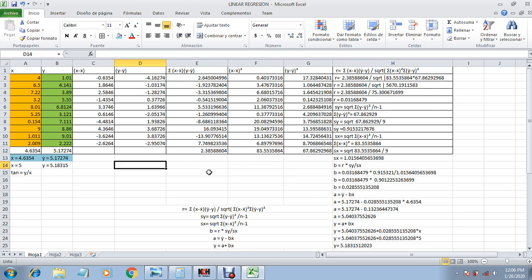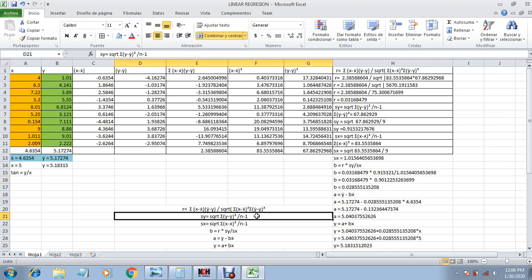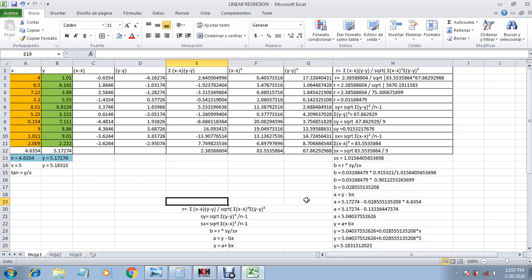With those data, we have one idea of what linear regression is using these formulas. This formula is very useful in probability, and these formulas are very useful such as in this linear regression and probability.